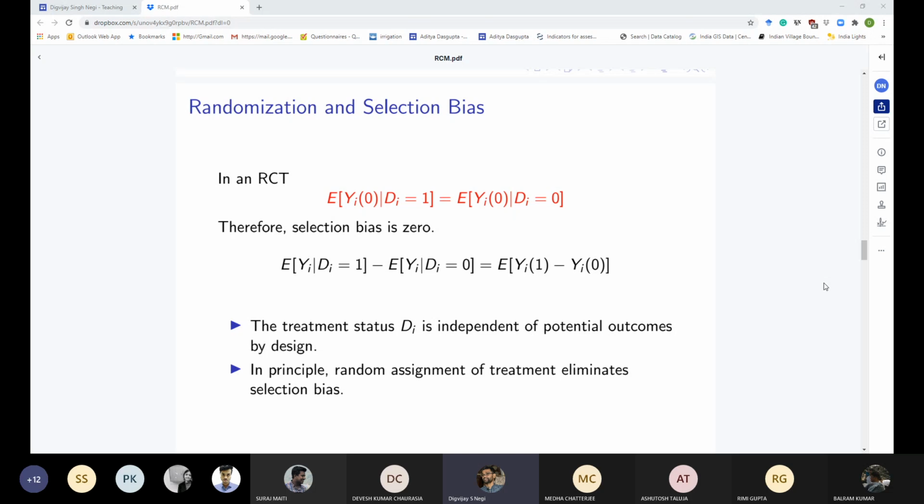A simple exercise is to find the proportion of people who got a job from the treated group, which here is students from IGIDR, and the proportion who got a job from the non-treated group, students who didn't go to IGIDR, and compare those two proportions.